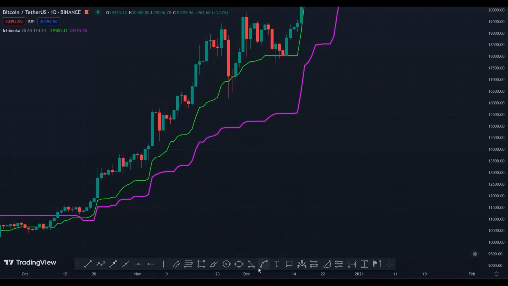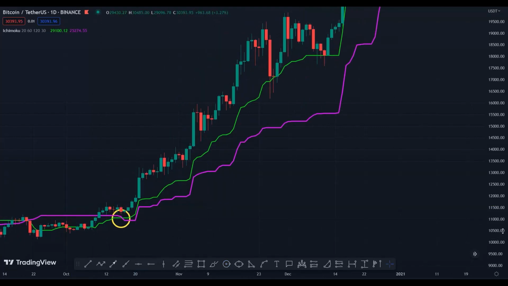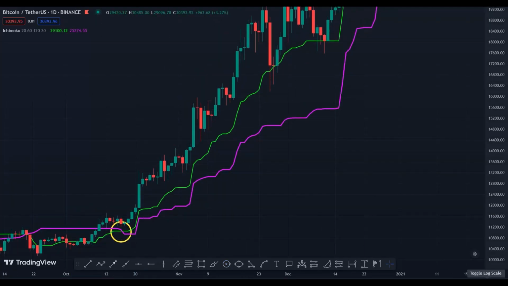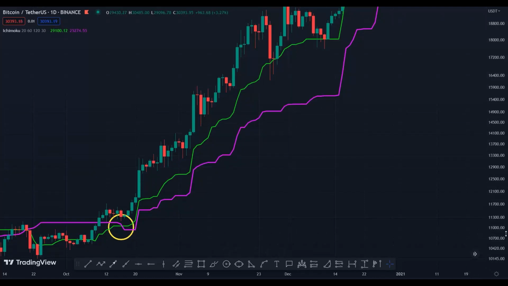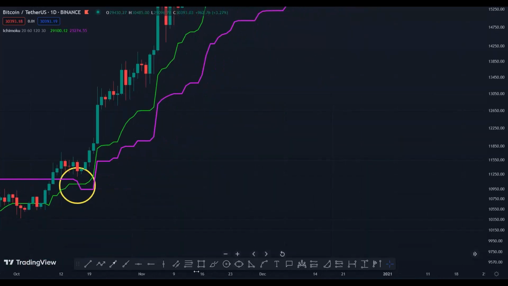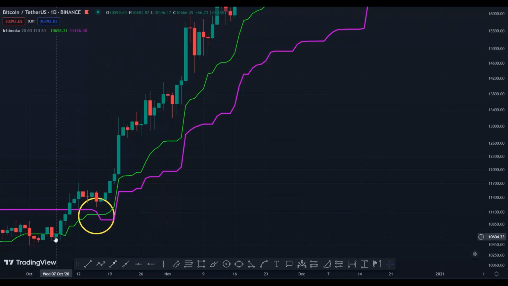For example, look here, the Tenkan-sen broke the Kijun-sen to the upside. Let me jump into the logarithmic scale for better visual. As you can see in this area, the Tenkan-sen broke the Kijun-sen to the upside.